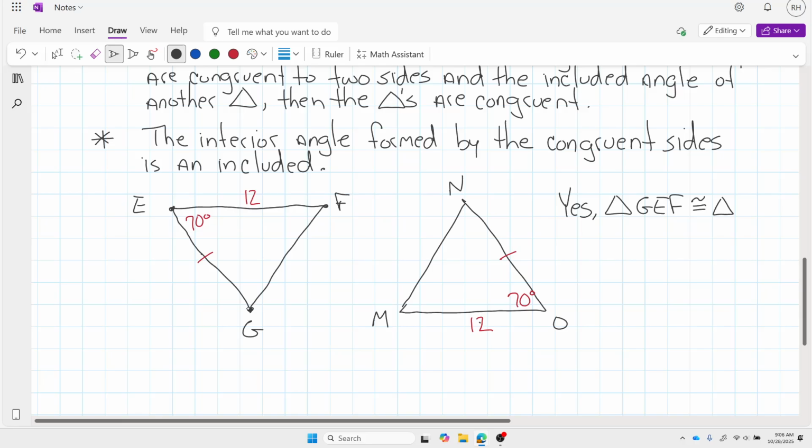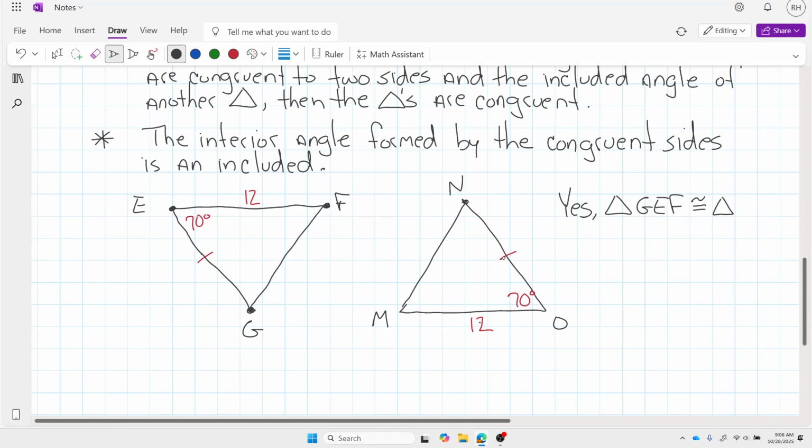So if we went GEF in the first description, the congruent angle has to be in the middle of the second description, so the O's got to be in the middle. We went across the first side, the side with one tick mark, from an angle we didn't know to the angle we do know. So in the triangle on the right, we have to go across the side with one tick mark.